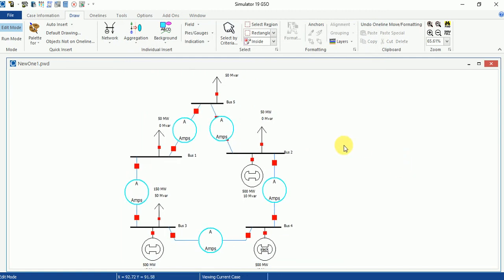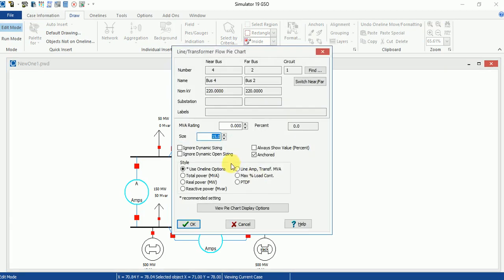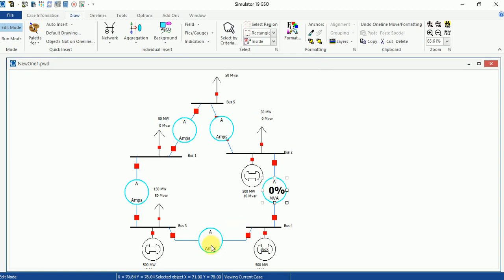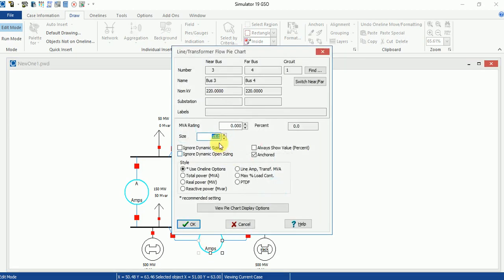Now our transmission system has been completed, but before running this system, just add the MVA capacity of each transmission line. We need to click on each transmission line and set the value as 350 MVA. Each transmission line has a capacity of 350 MVA.